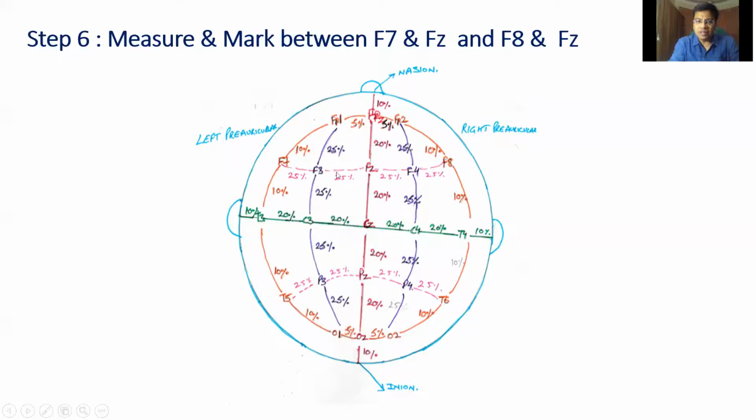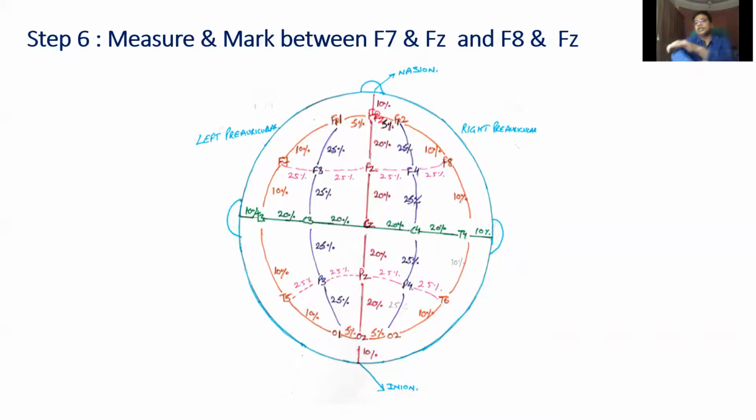This is the true F4 and this is the true F3. So this is how you need to find the EEG locations of the electrodes. So you have found out F3, F4, C3, C4, and O1, O2.